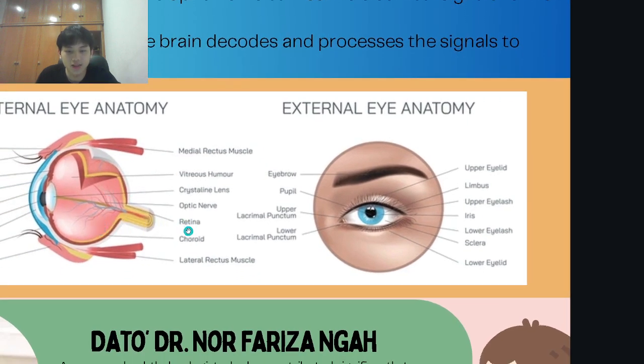Inside the retina, there are two things: the rod cell and the cone cell. The rod cells detect dim light and give black and white vision, while the cone cells give colored vision and bright light.